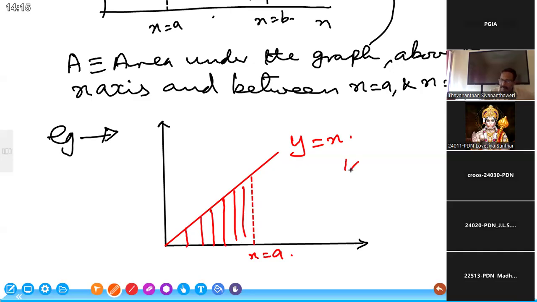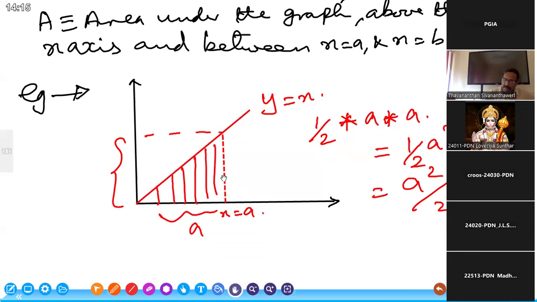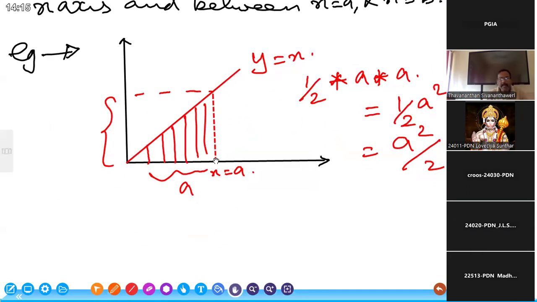In a simple form, it is half into base, and the base is again a, into the vertical height, which is also a. So that is half a squared, which we can write as a squared by 2.